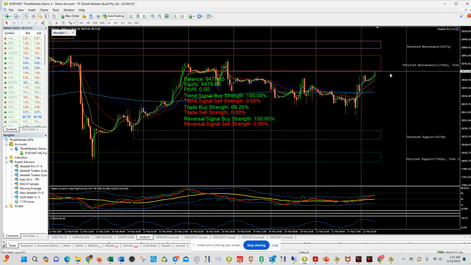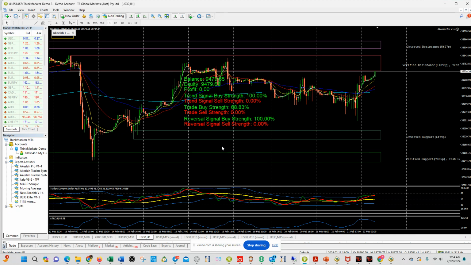And so as we look here at US 30, I've got three different time frames that we're able to scan. So before I get into the actual inputs here, let me review what those are. The first one is a trend signal. We're able to establish a certain time frame that we want to look at to determine what is our overall trend.